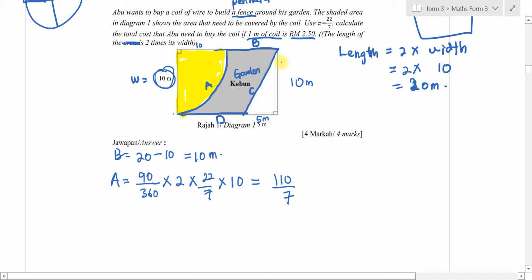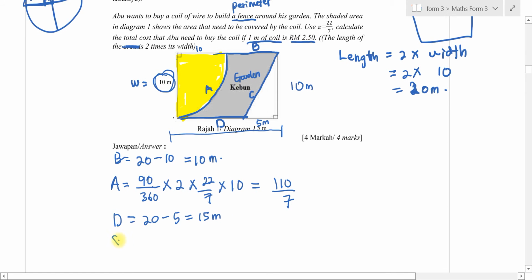If we know this is 5 meter and this is 10 meters, then C could be calculated, and D also. D is 20 minus 5, you get 15 meter. And for C we can use Pythagoras theorem.